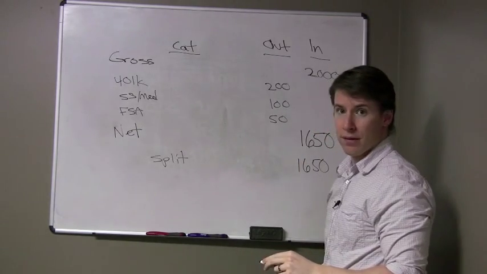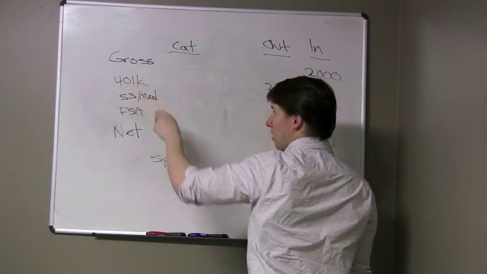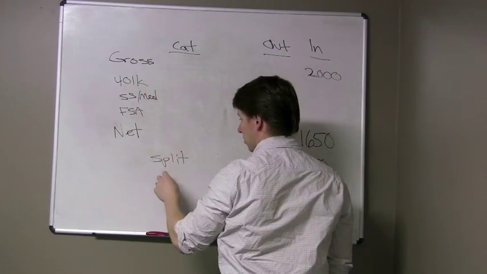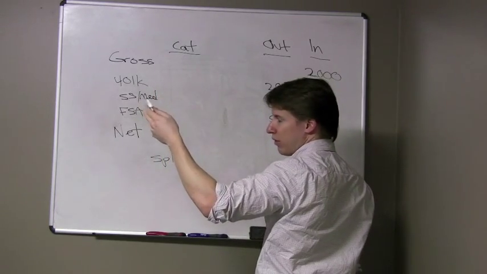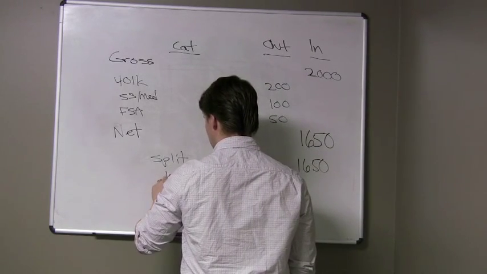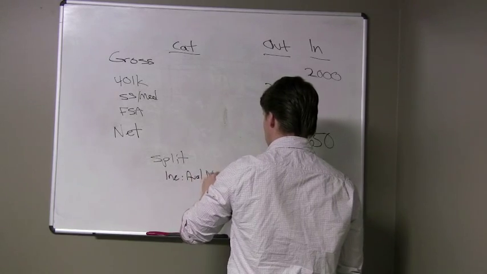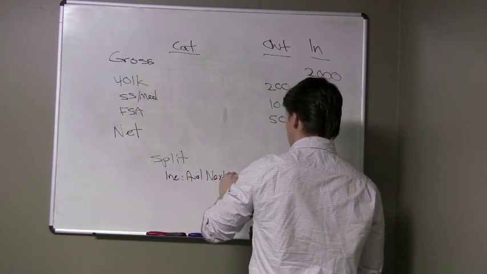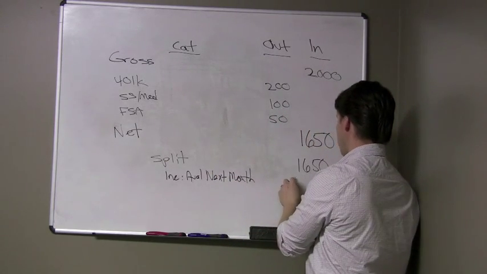Then for your actual different transactions, you would have your gross, which you could categorize several different ways, but we'll do it this way. We'll say it's income available next month, because you're living on a buffer. That would be your gross.